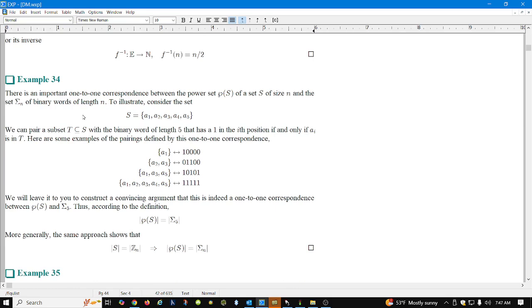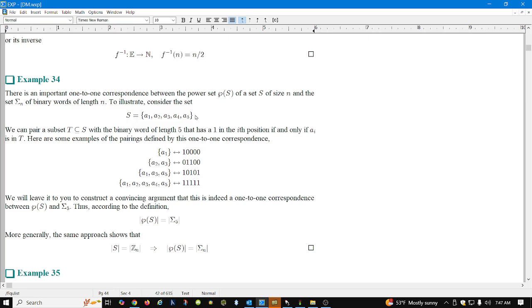There's an important one-to-one correspondence between the power set of a set of size n and the set sigma sub n of binary words of length n. And to illustrate this one-to-one correspondence, let's take an example of this set here.